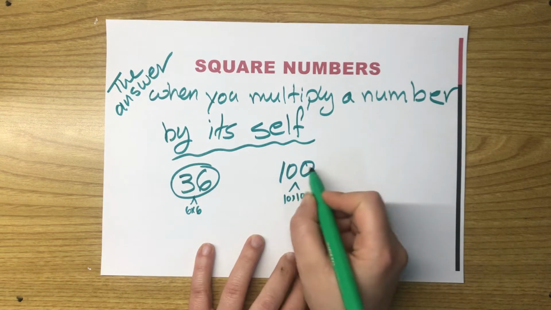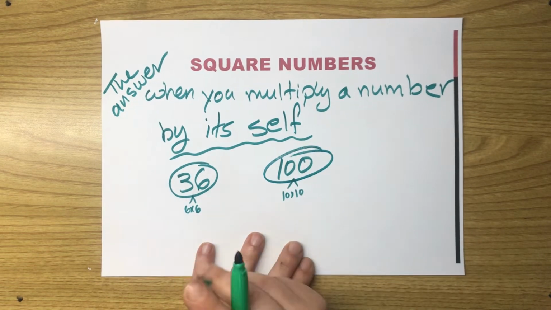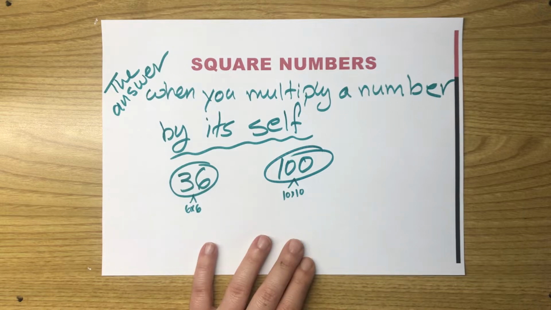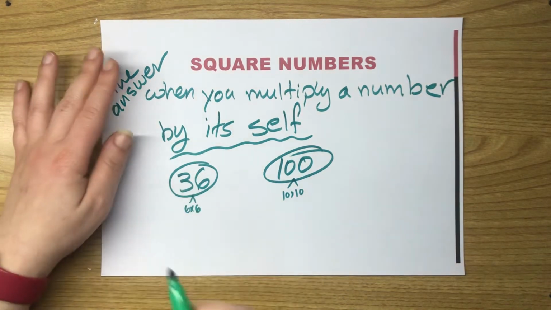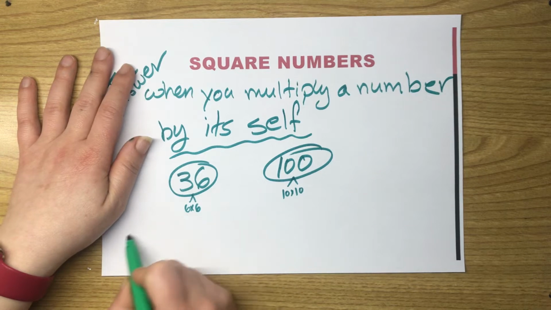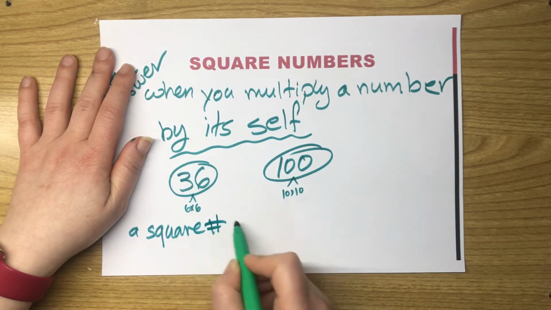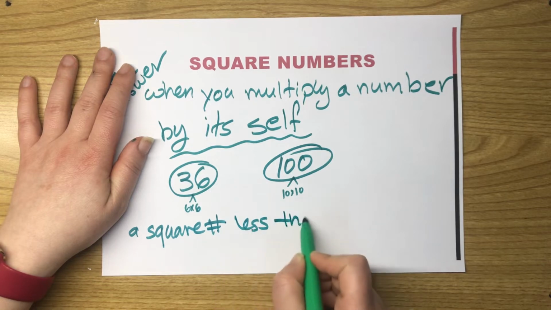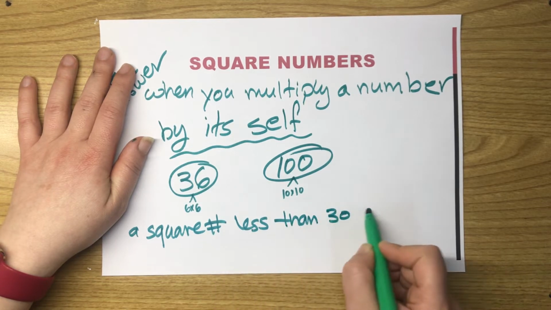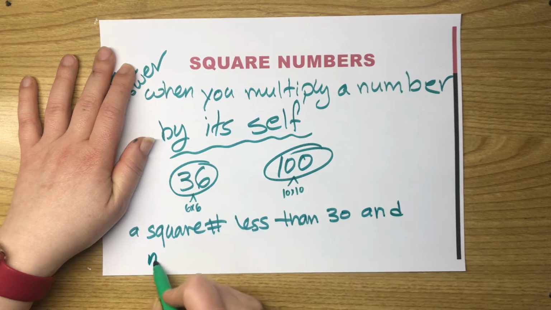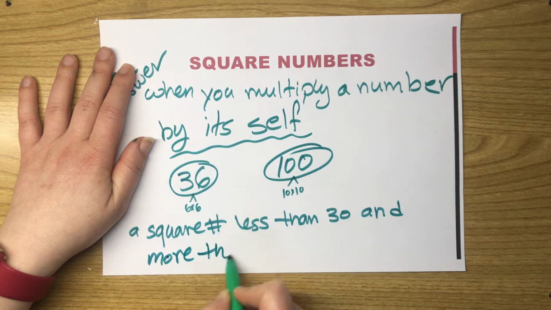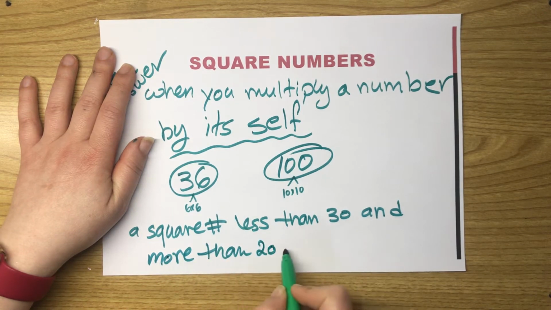Give me another square number. I want a square number that is less than 30 and more than 20. Can you do this riddle? Okay, I'm going to write it down. A square number less than 30 and more than 20.